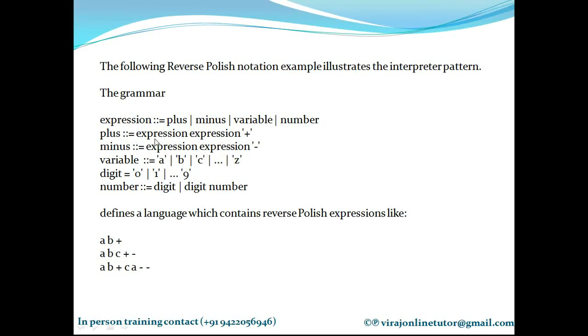This expression, I am replacing it with variable. So I have variable expression plus now. That variable I am replacing with A. So I have A expression plus now. This expression I am replacing with variable. That variable I am replacing with B. So I have AB plus now. So AB plus is a correct sentence.